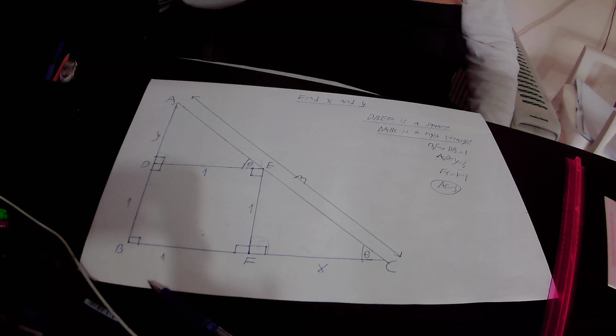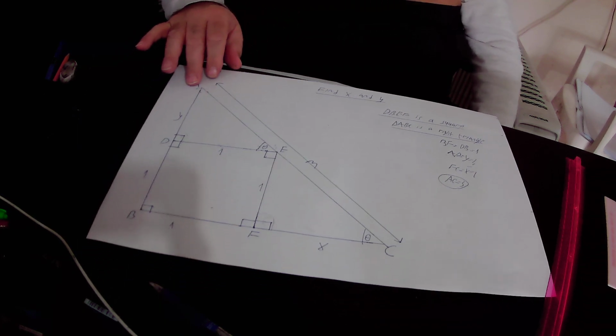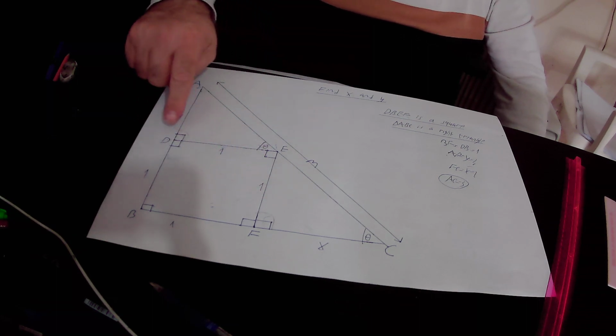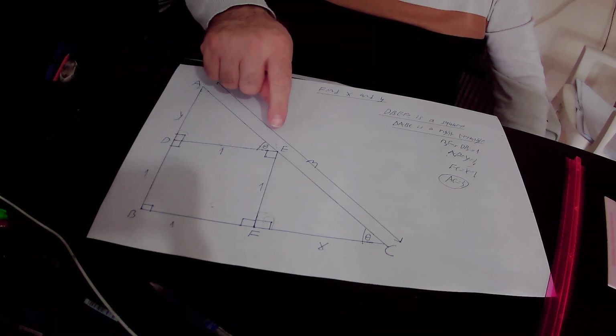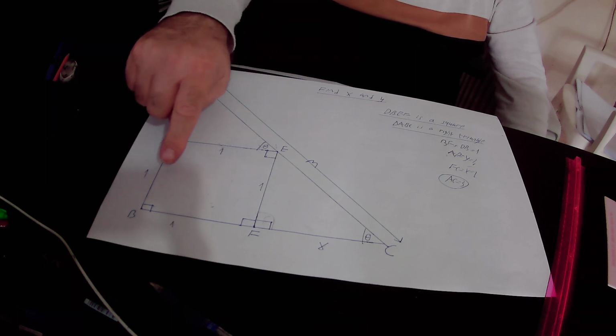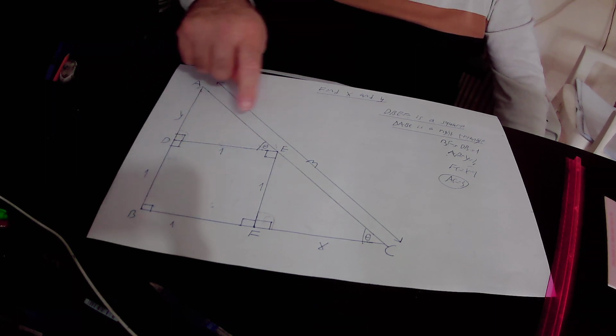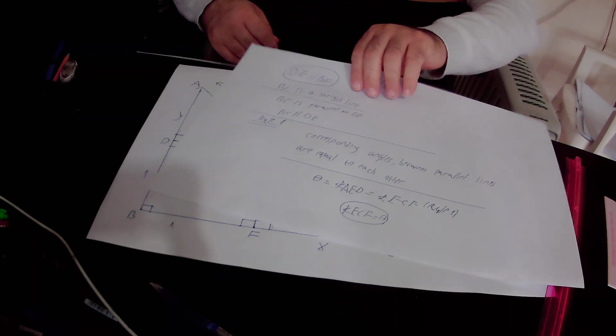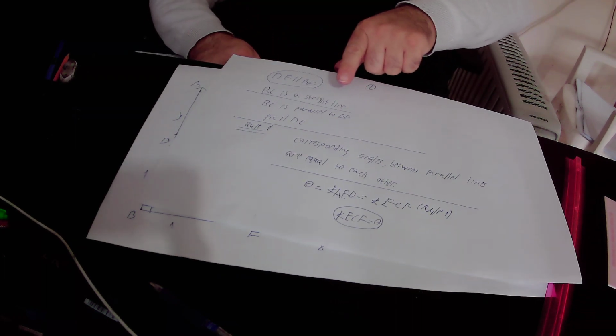And because part of the straight line BC, that is to say BF, is parallel to DE, then the straight line itself will also be parallel to DE. Okay, so BC is parallel to DE.